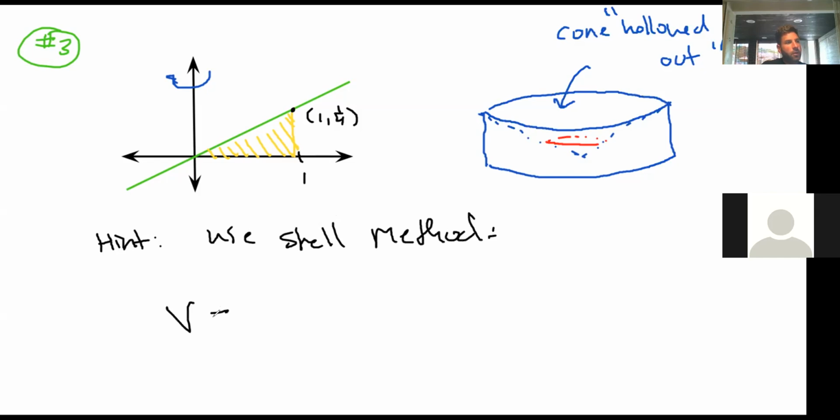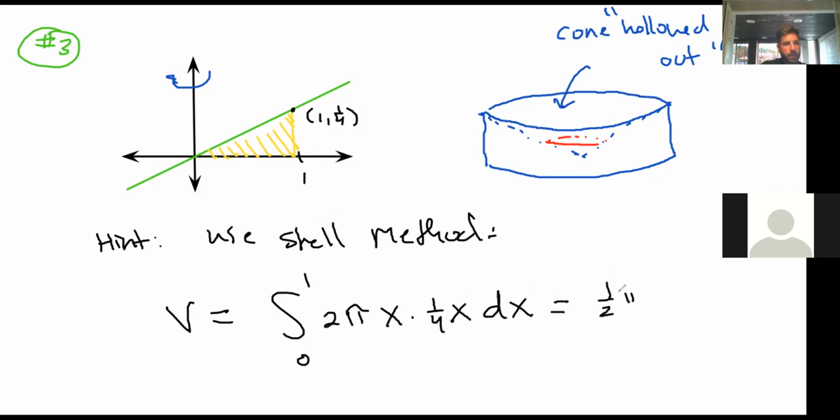And so that means the volume is the integral from 0 to 1 of 2 times pi times x times 1/4 x dx. Which, if you clean up, is 1/2 pi times the integral from 0 to 1 of x squared, which I think you can all finish.